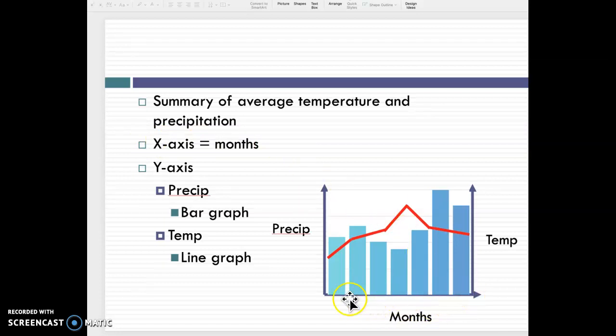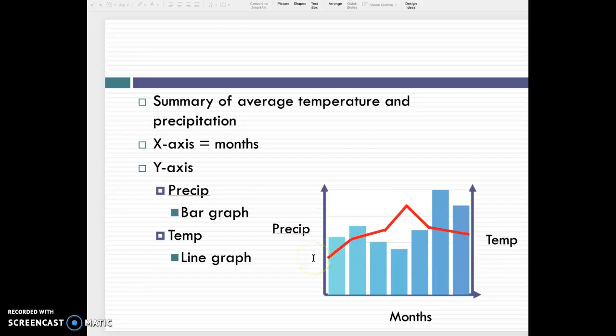X-axis is this bottom one. Y-axis is the ones on the side. Then we have a bar graph, which is this blue line. That's a bar graph. And then the red line is a line graph. So the temperature is the red one.